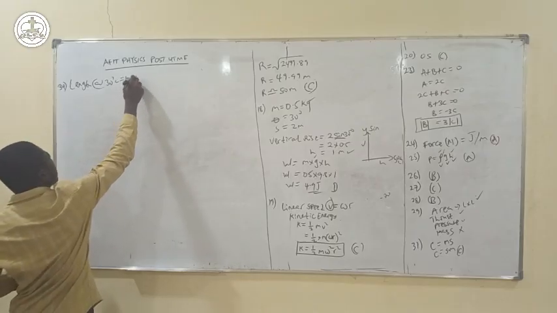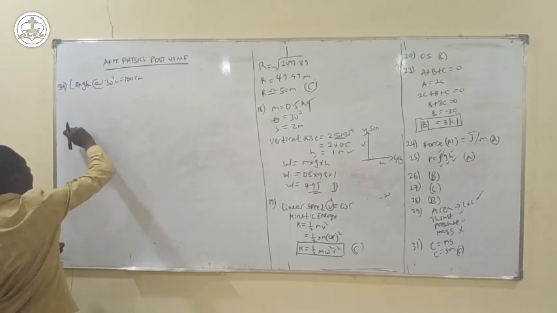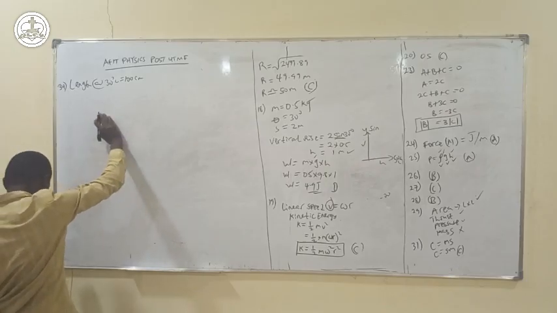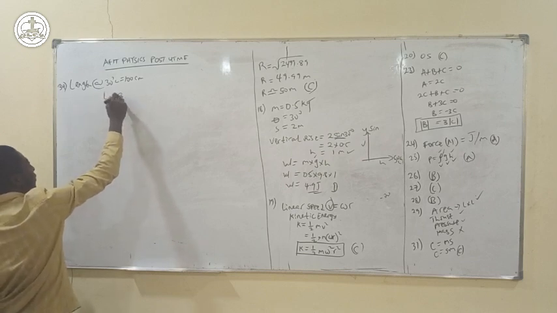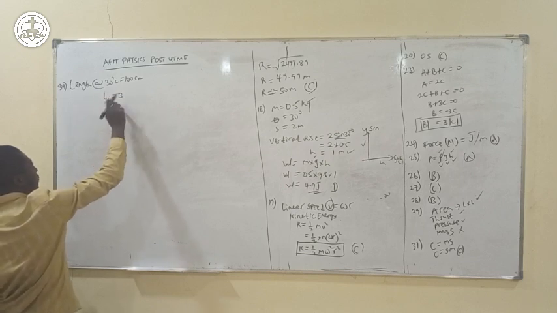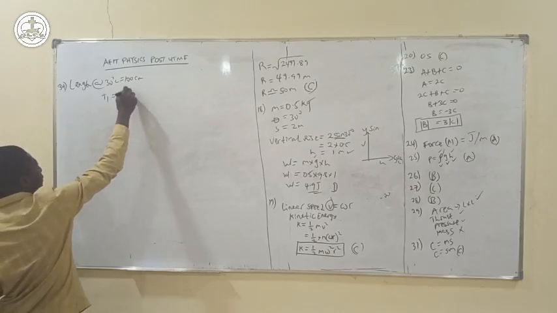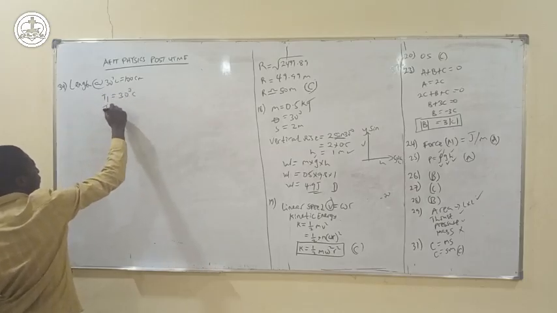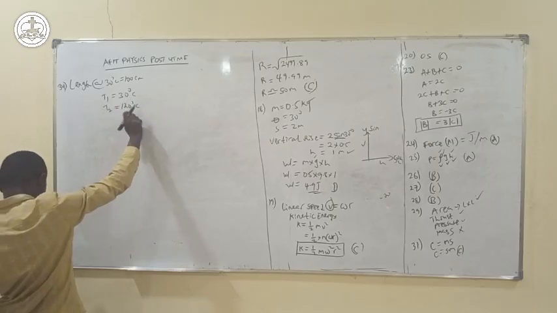Equal to 100 centimeters, heated to 120. So L1 is equal to 100 centimeters, T1 is 30 degrees, T2 is equal to 120 degrees Celsius.